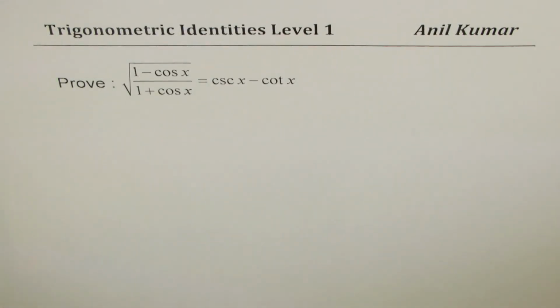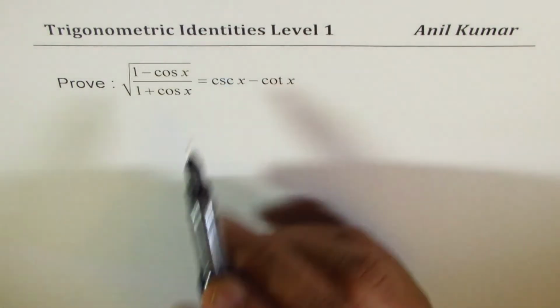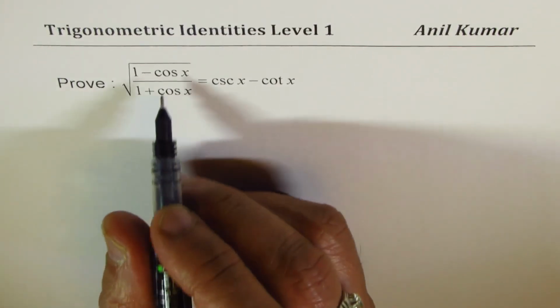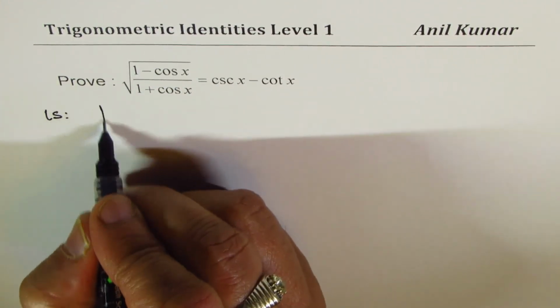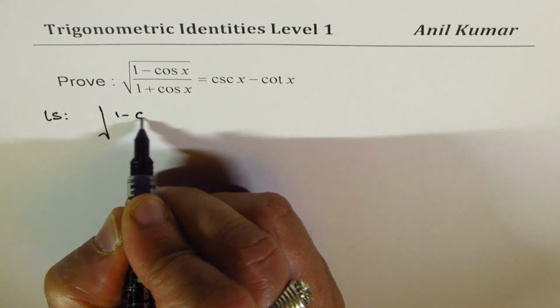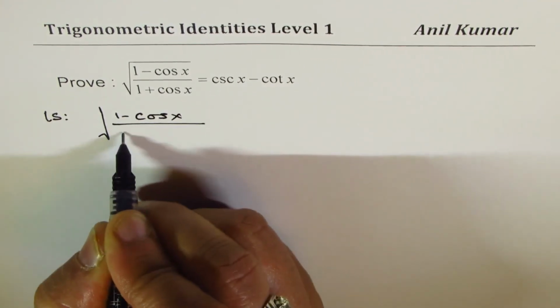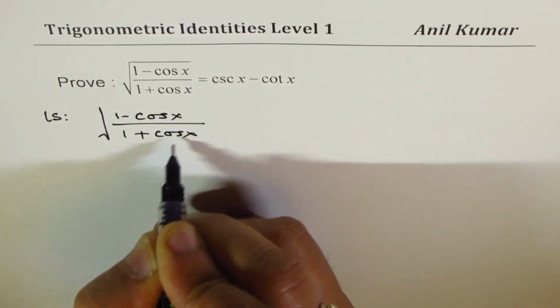Let's move on to the next question, and this is the last question of our level 1 trigonometric identities. Here the left side seems to be more complicated. We have the square root of 1 minus cos x over 1 plus cos x.